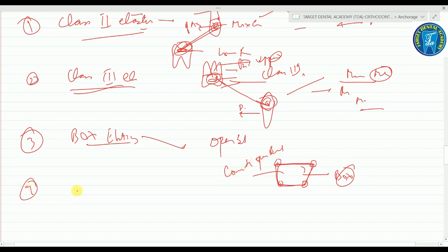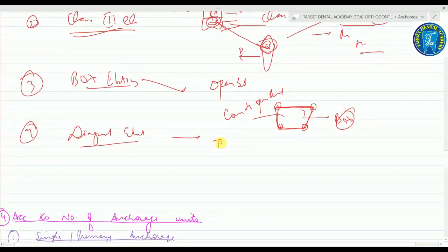Right. Fourth one are the diagonal elastics. These are the elastics which are used to correct the midline. For example, this is your midline. So this is your maxillary incisor, and this is your mandibular incisor, and your maxillary midline is shifted toward the left side, and your mandibular midline is shifted toward the right side.